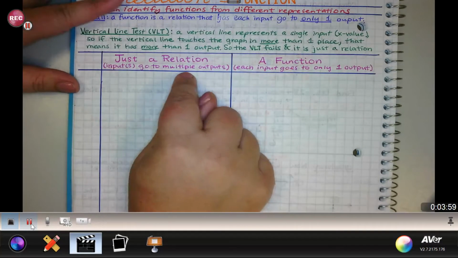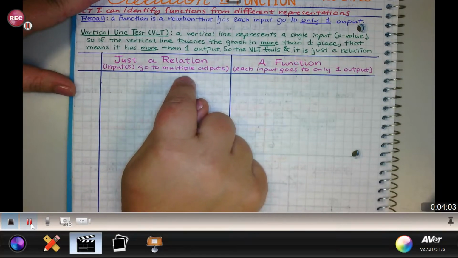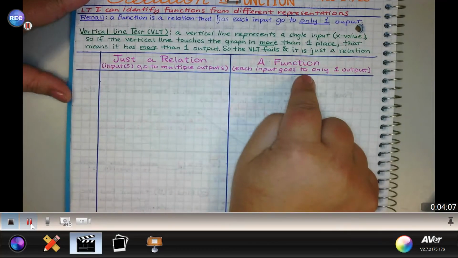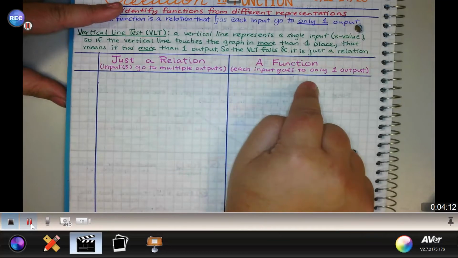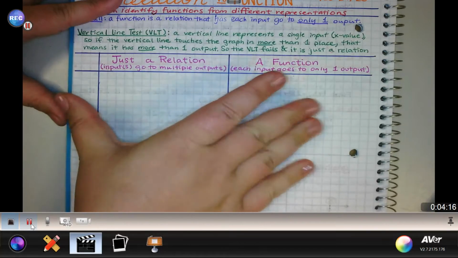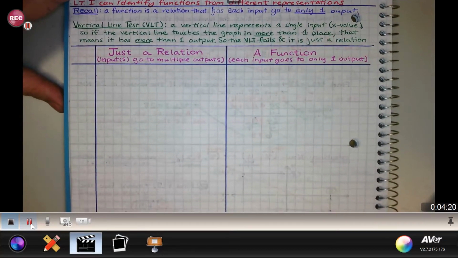It's not predictable because you're going to have at least an input that has a couple different outputs, so you never know what to expect. And then over here, we're going to look at functions, which is when each input only goes to one output, okay? So we're going to use this table and look at multiple representations from last chapter, right?